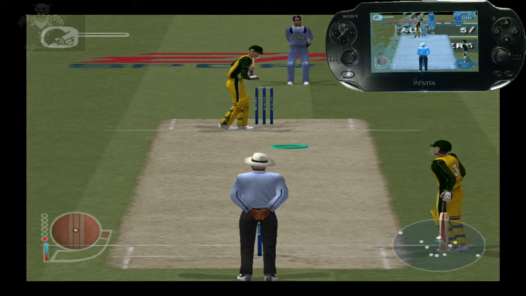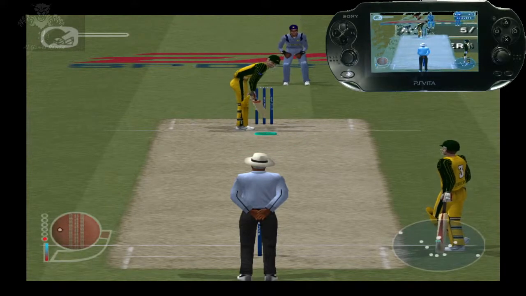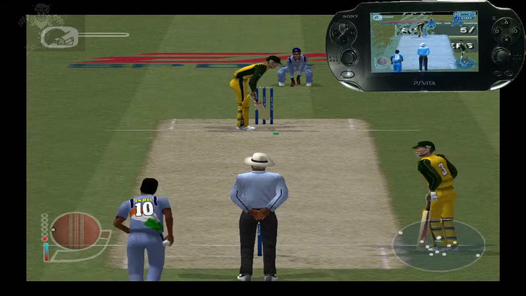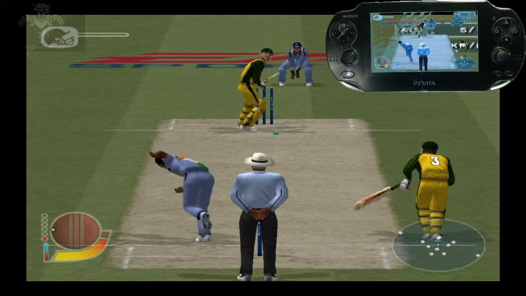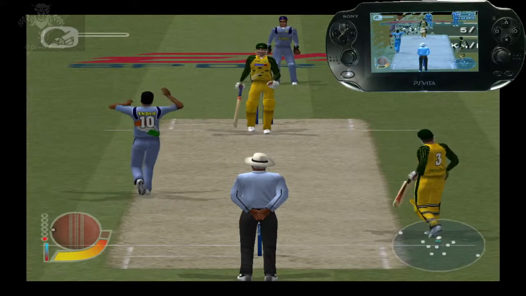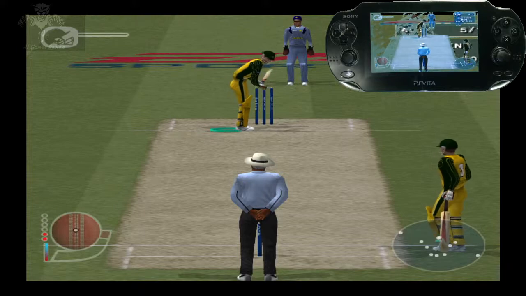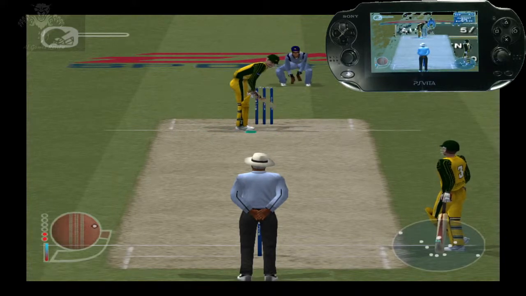Hayden waiting at the striker's end. That was a cracking delivery from Balaji.